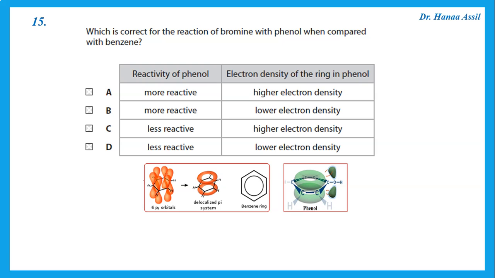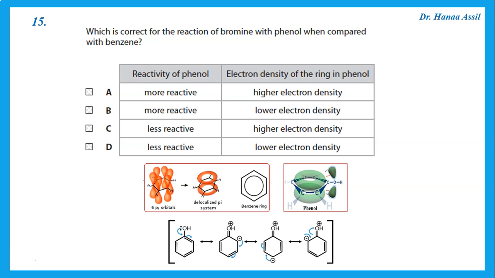So if we have the OH, the lone pair of electrons on the oxygen in phenol are delocalized over the benzene ring, and this makes phenol more reactive. We have to know that phenol is more reactive when the lone pair of electrons on the oxygen are spread around, or delocalized, over the benzene ring.